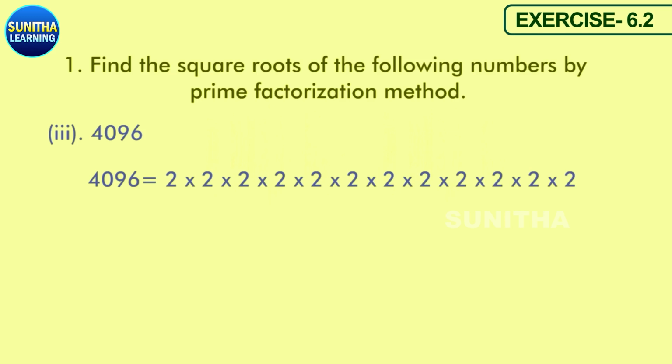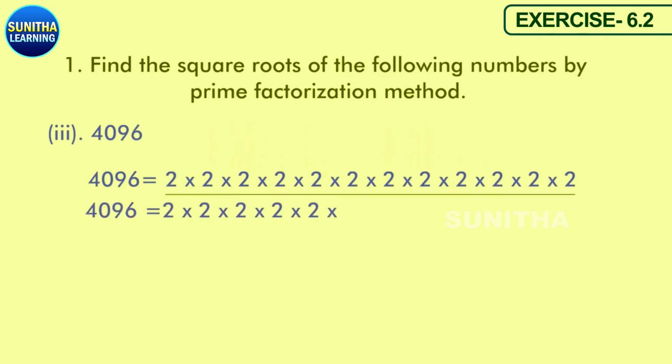Out of these twelve 2s, you have to take six 2s as the square root, because from every two 2s, we take one factor outside. When you multiply six 2s, you will get 64. Therefore, 64 is the square root of 4096.